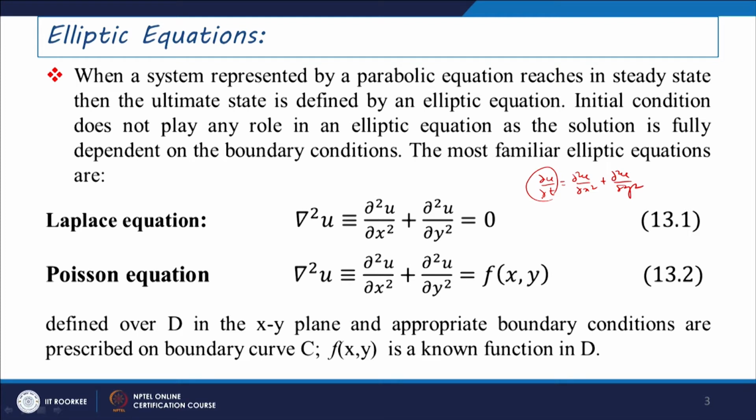Whenever we are defining this class of equations, we need a domain in the xy plane, and the appropriate boundary conditions are needed to get the solution along the boundaries. The boundary is denoted here as C, and f of x y should be known to us inside the domain.